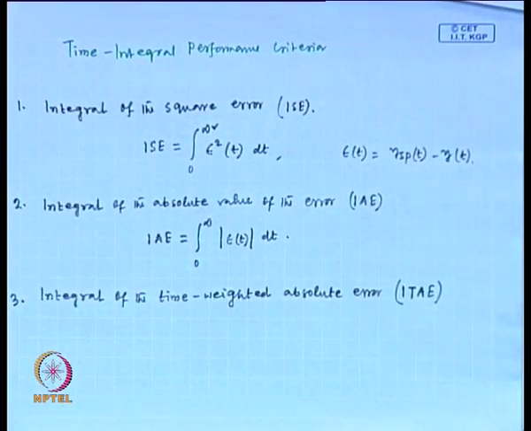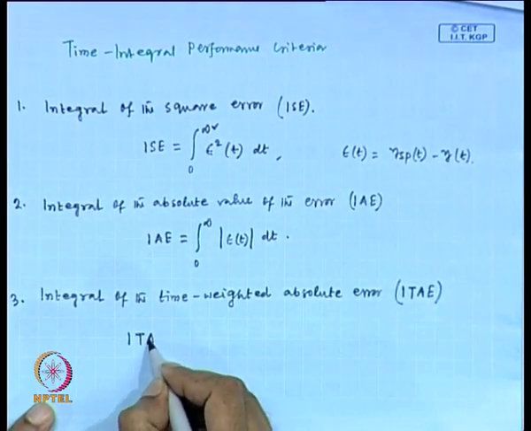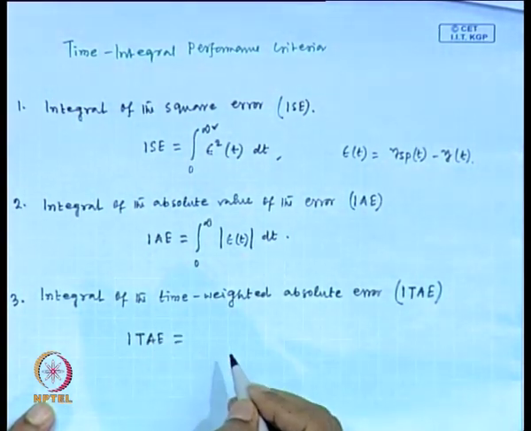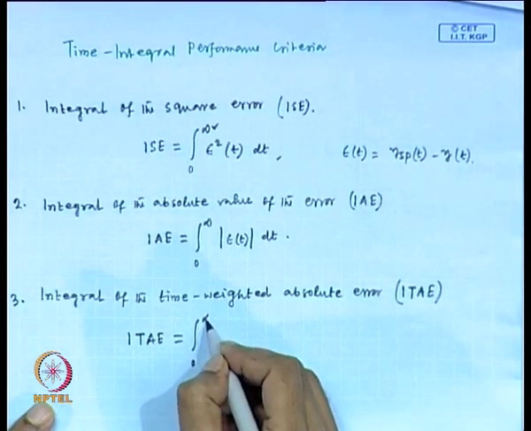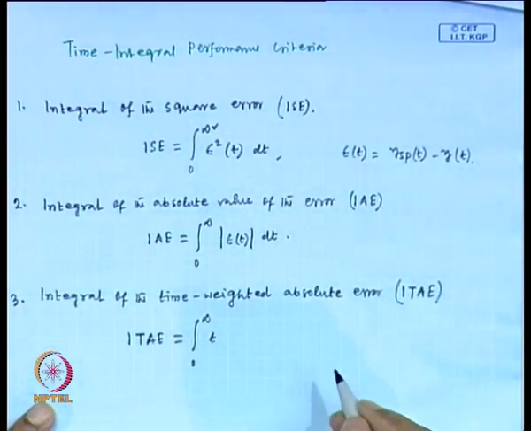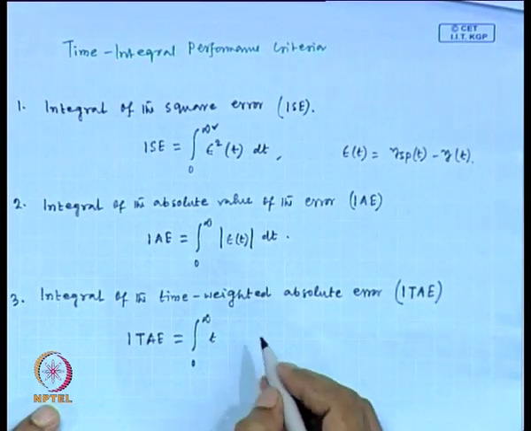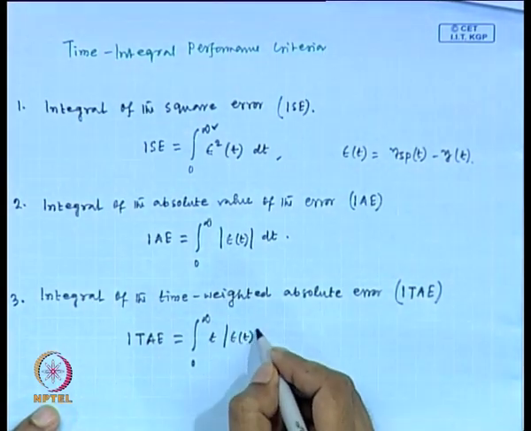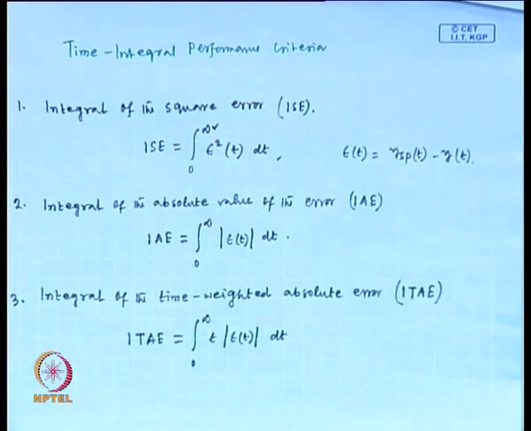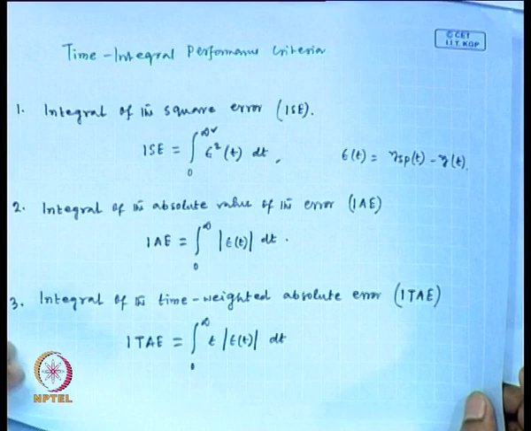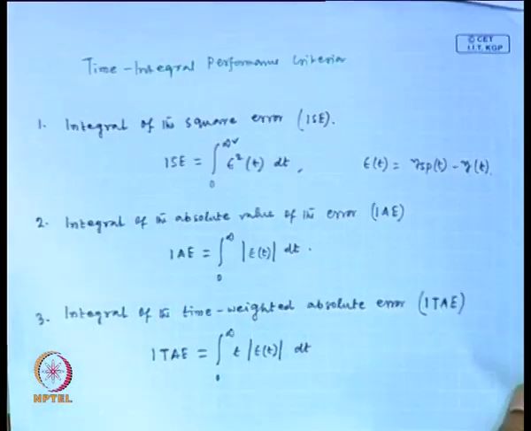ITAE is written as ITAE equals integral from 0 to infinity of t times absolute value of epsilon t dt. Fine. These are the three time integral performance criteria which are used in selecting the control parameter values.